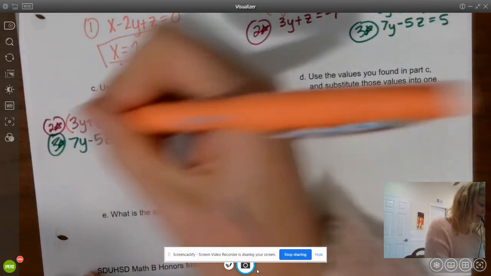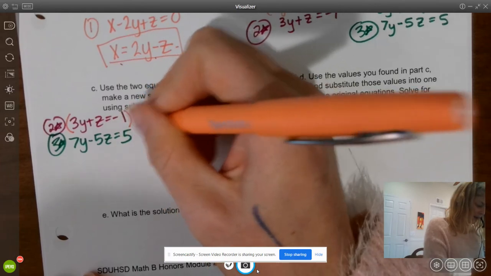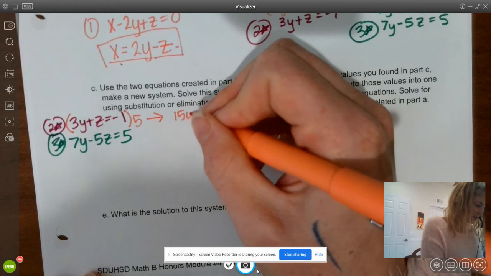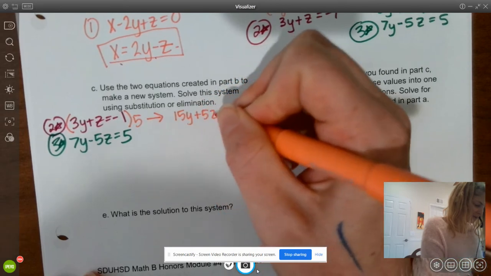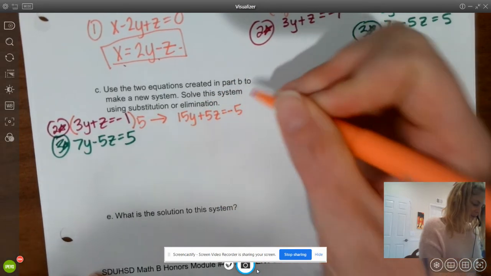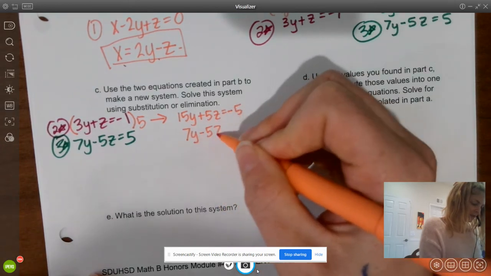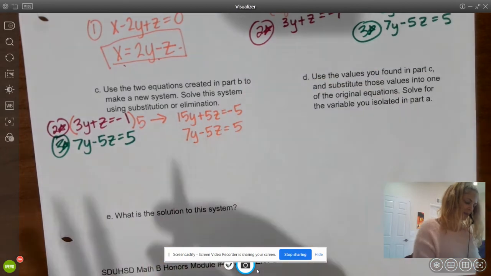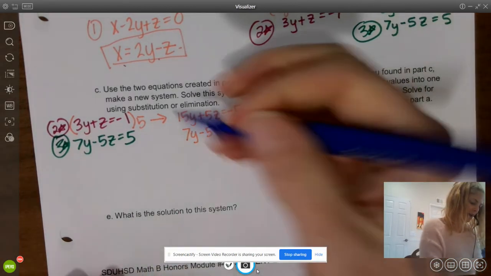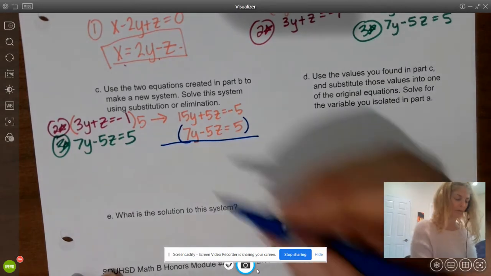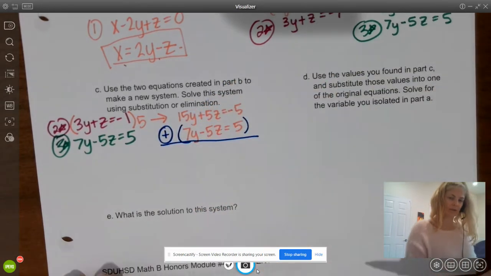I just have to multiply my top equation by 5. When I do that, I get 15y plus 5z equals -5. I'm just going to bring over my other equation, 7y minus 5z, additive inverses. And I'm going to show that I am adding that second one, putting parentheses around the whole thing, and showing addition with a circle.